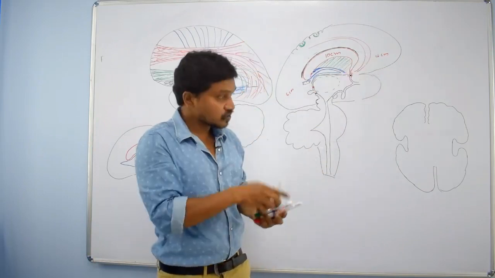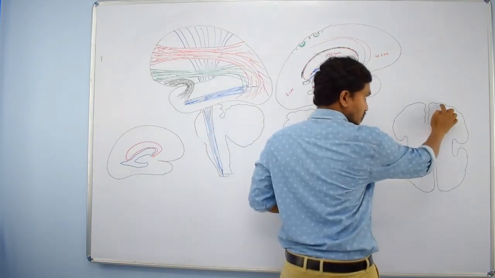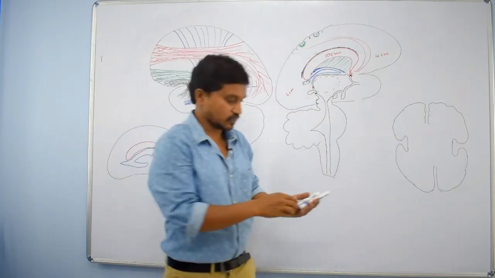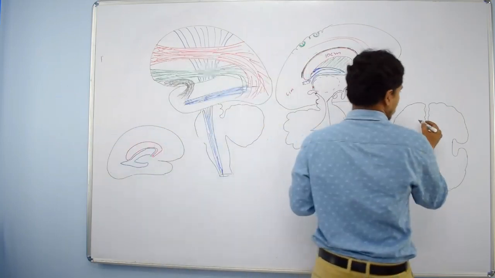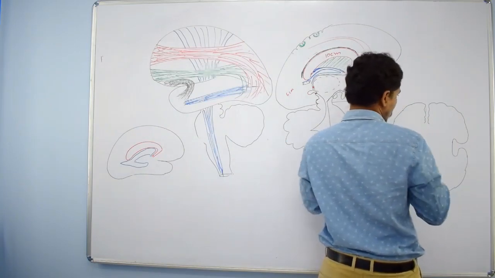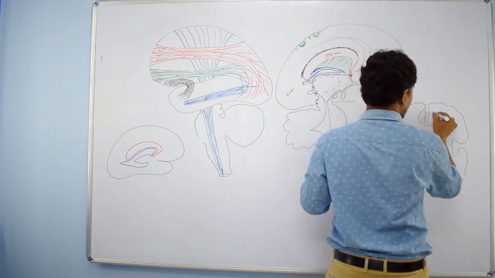From the genu, some fibers pass forward and laterally, going like this. See here, these fibers are connecting the frontal lobes.